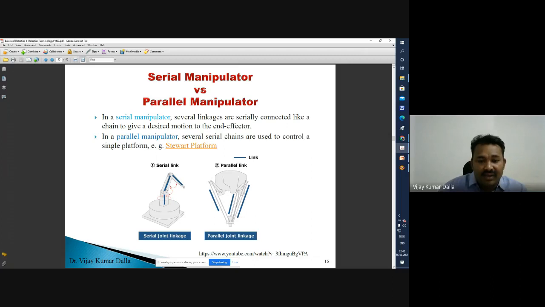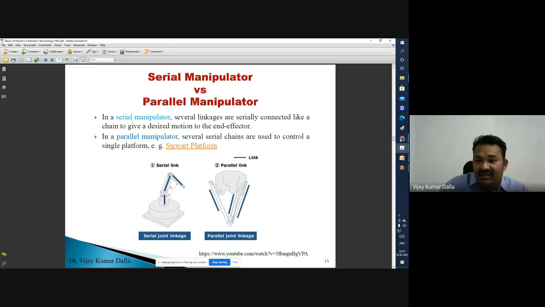But here, all the links are connected in parallel, and these are used to control a single platform, for example, Stewart platform. This is the end effector. ये आप इसको समझ सकते हैं जैसे कैमरा में ट्राइपॉड रहता है, ट्राइपॉड का बीच का जो कॉमन, that is the end effector.